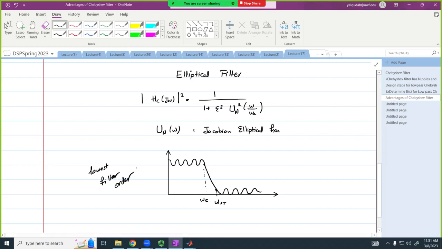Another filter, and of course this is the advantage, and the disadvantage, it has ripples both in the pass band and the stop band.